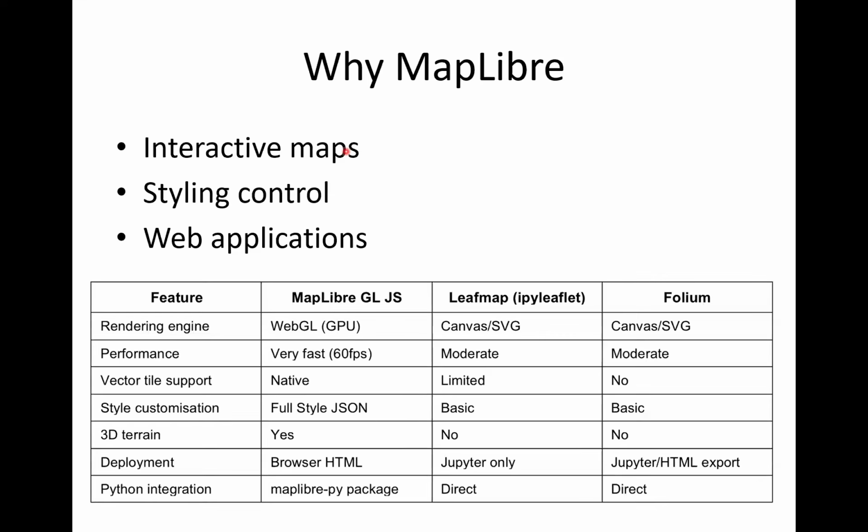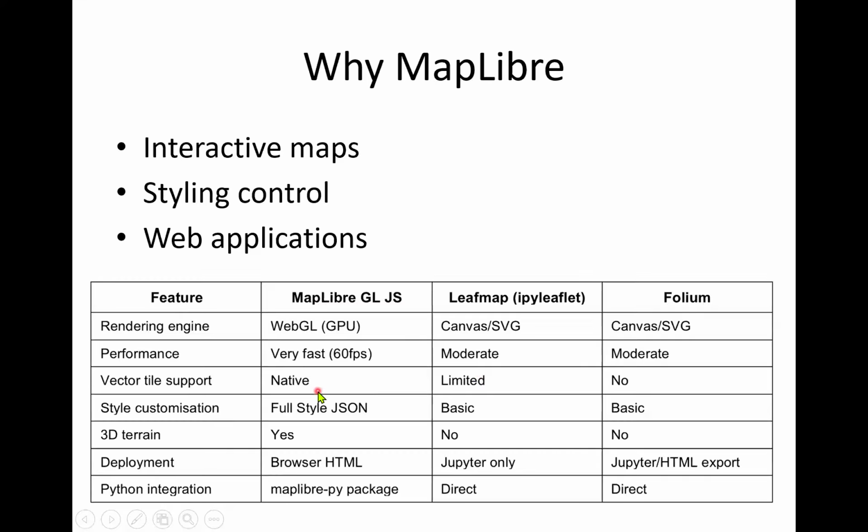Then there are interactive maps, styling controls, and web applications. It is a powerful tool, and we will see what this map library can do, what Leaflet can do, and also Folium.